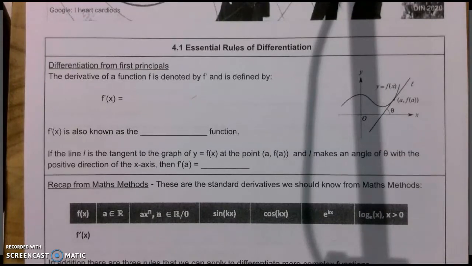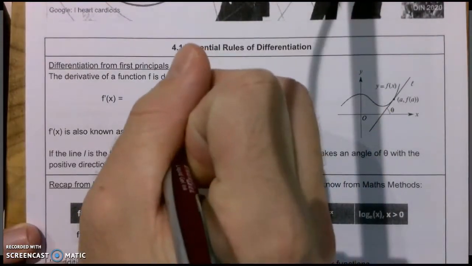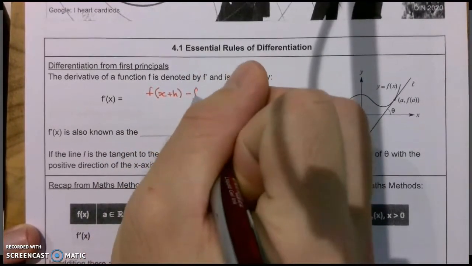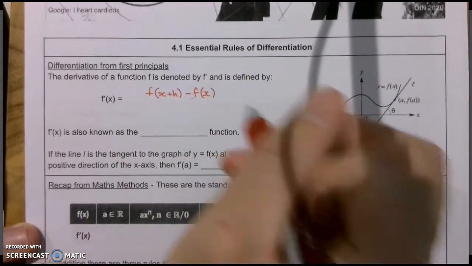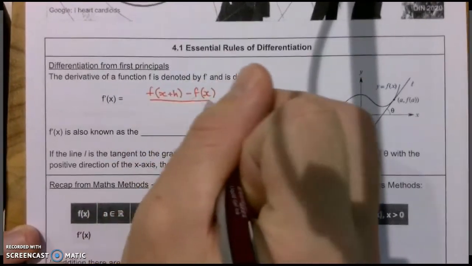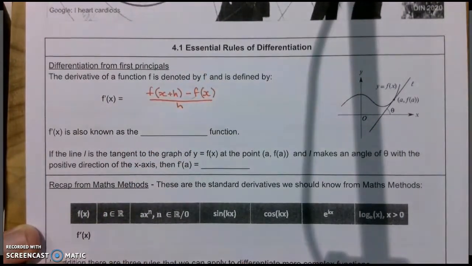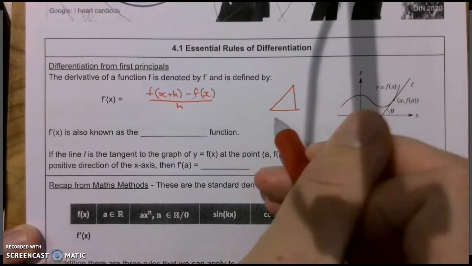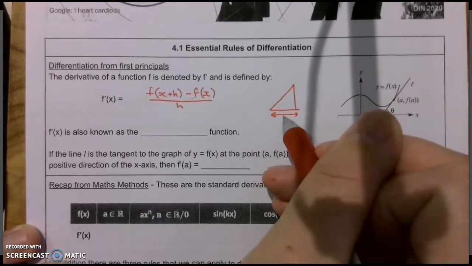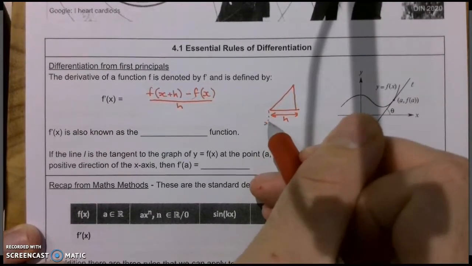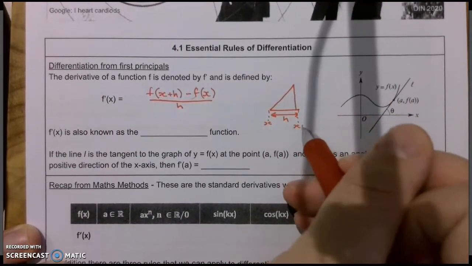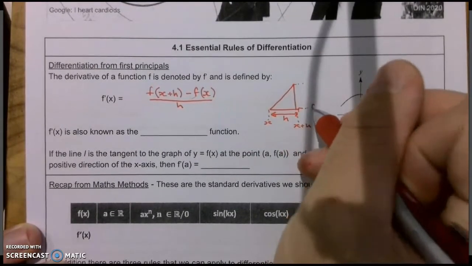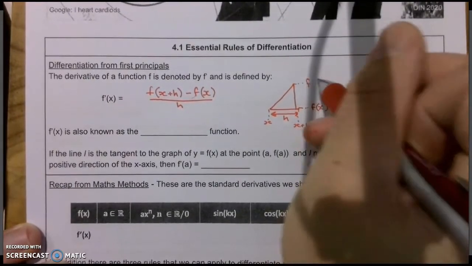Now, a mathematical notation for that is, first of all, we have the gradient of a chord. So that would be the change in y, or the rise, over the run, or the change in x, because we're imagining a chord with a run of h that runs from x to x plus h, and with y coordinates of f of x and f of x plus h.